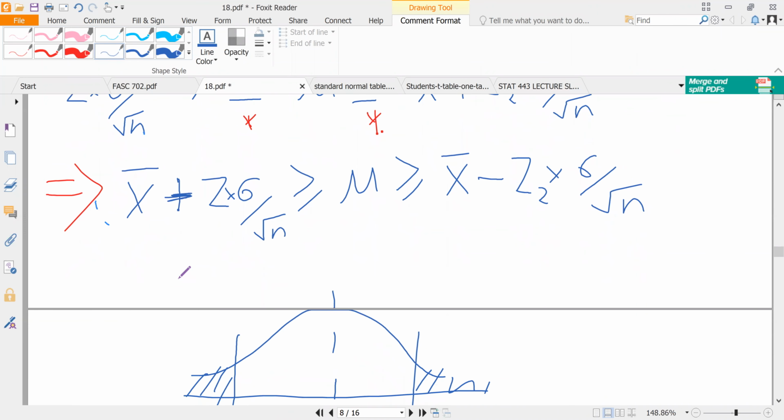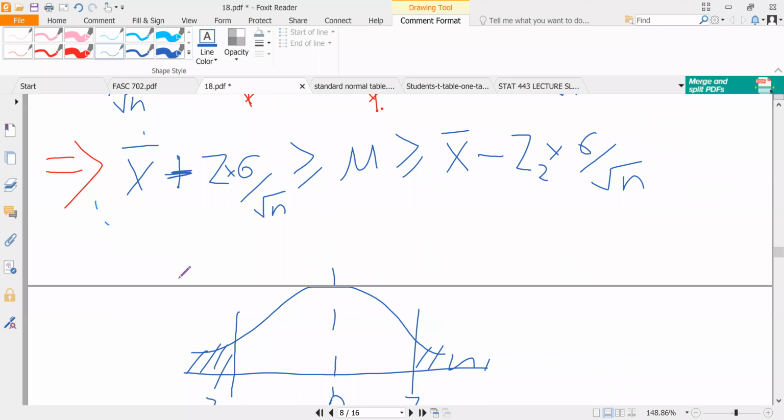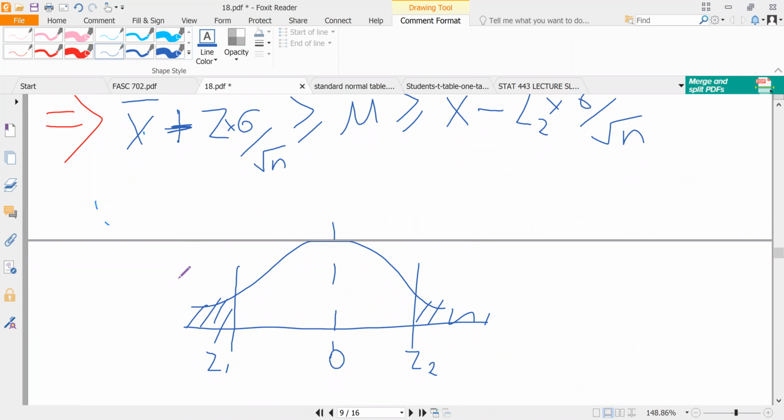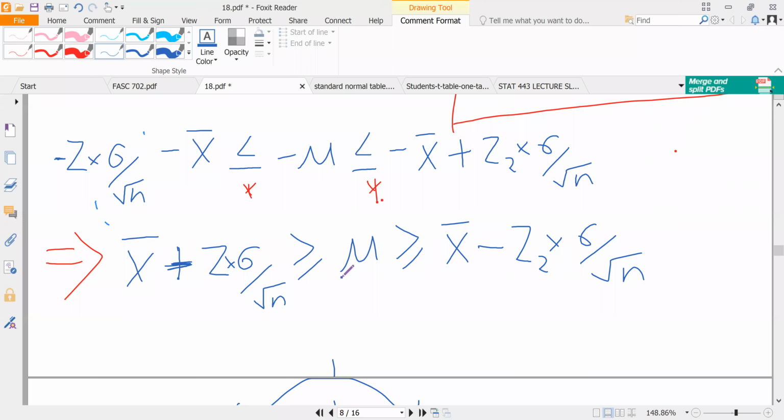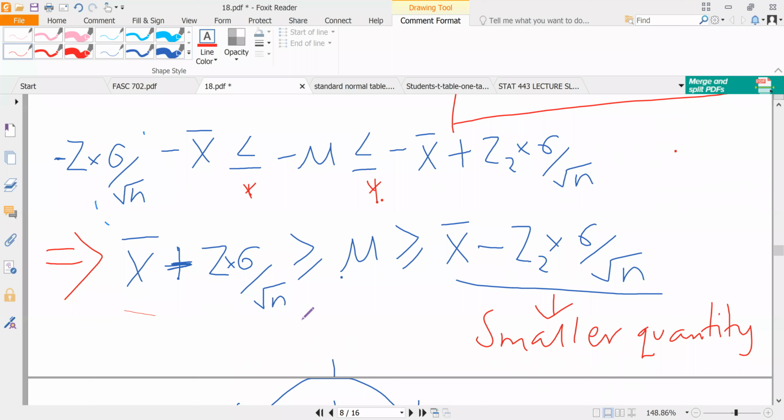Now, in rewriting that expression up there: because x bar plus z sigma over root n is greater than mu, which is in turn greater than x bar minus z2 sigma over root n, this is the smaller quantity and that is the larger quantity in that interval.